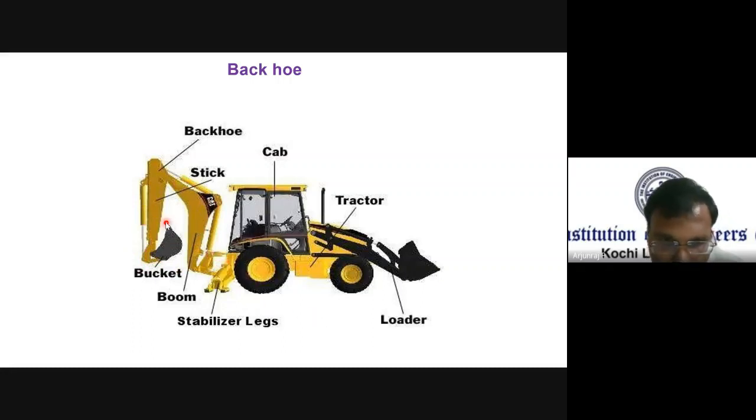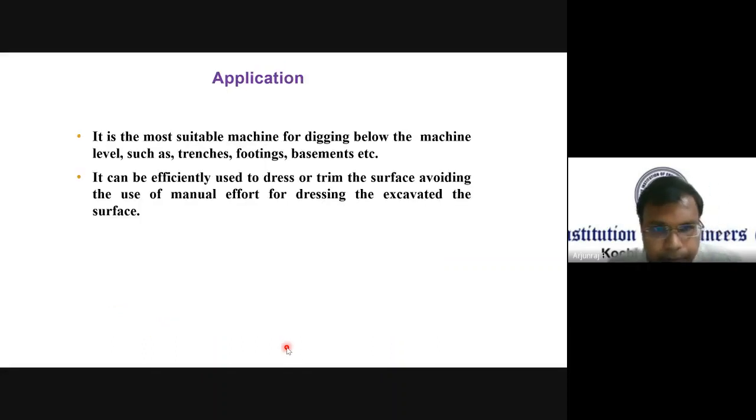And again, it can rotate depending upon the place where it is going to excavate or do the construction activities, and accordingly, it can also handle the materials. This backhoe is suitable for digging below the machine, such as for trenches, footings, and also for basement activities. And it can also be efficiently used to dress or trim the surface, avoiding the manual effort for dressing the excavated surface.